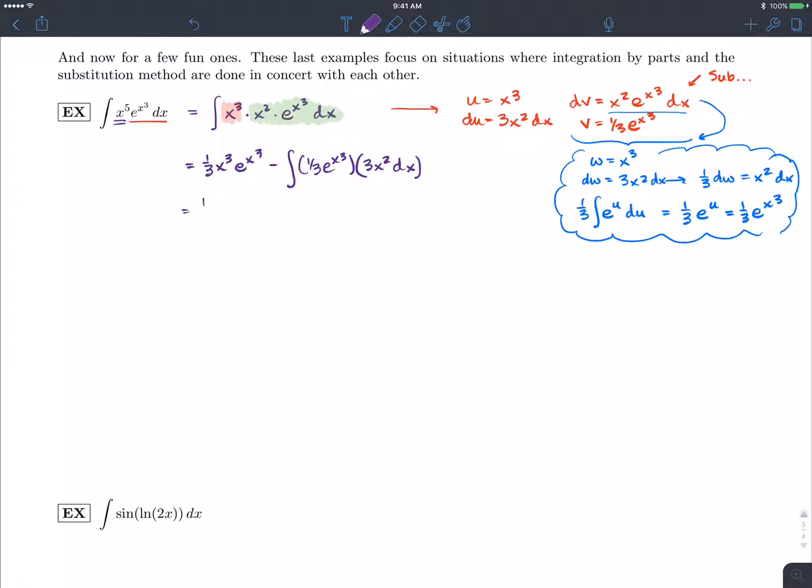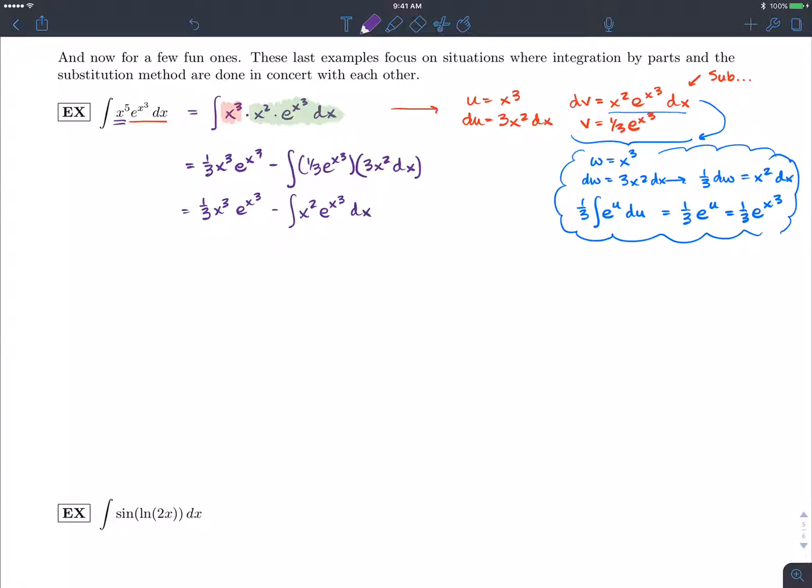So if we clean this up a little bit, we'll get 1/3 x cubed e to the x cubed. And then this 1/3 and this 3 will multiply to give us 1, and we'll just have minus the integral of x squared e to the x cubed dx.